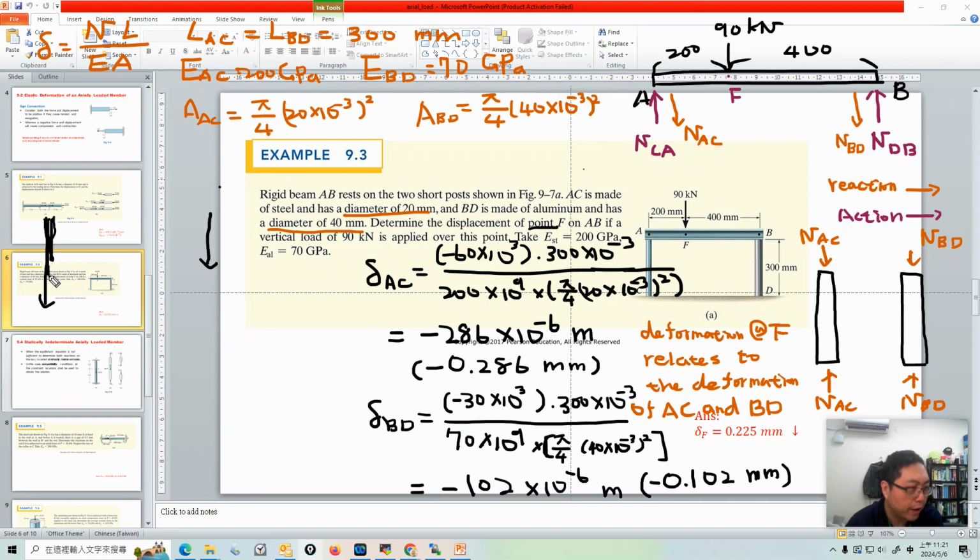What's the value for deformation AC? 0.286. Right now we don't need a negative sign; we just want to know the magnitude.